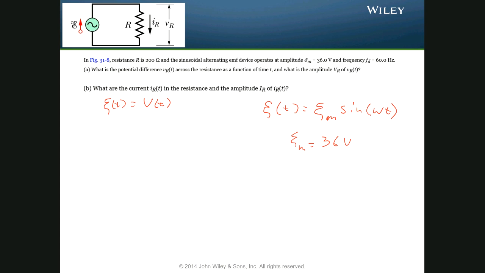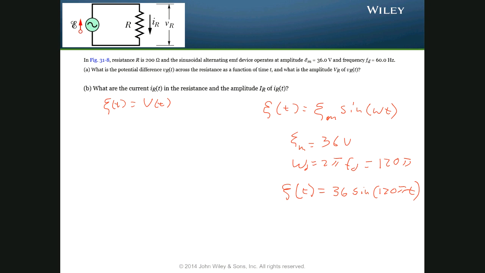need to find omega is equal to 2 pi times f, and that will be equal to 120 pi. I just multiplied 60 by 2. So you can write that your EMF is equal to 36 times sine of 120 pi times t.